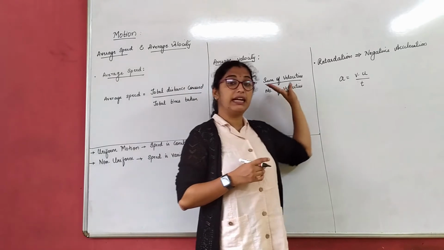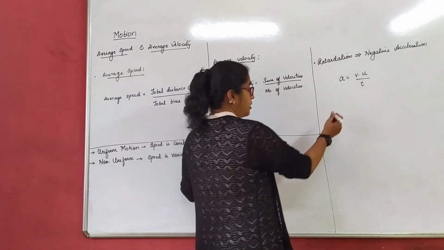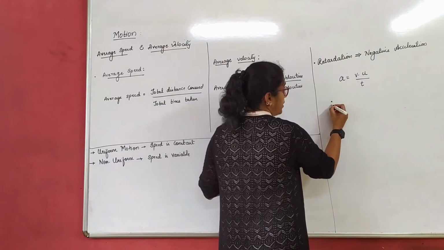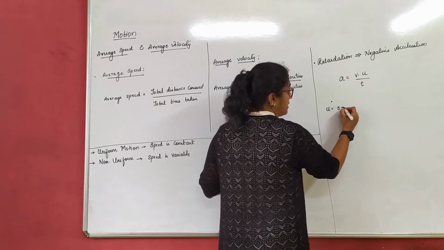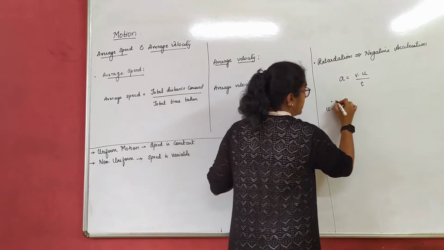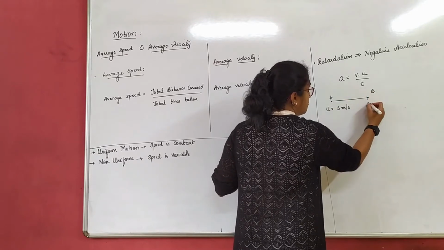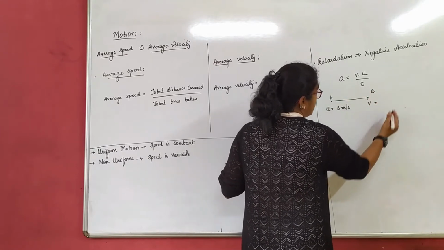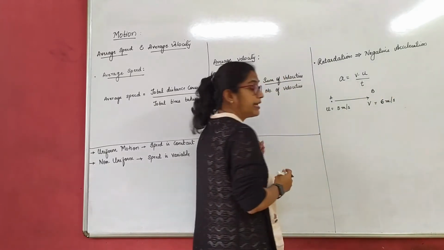Suppose, let me find a positive acceleration of a body. Assume that this is a body which has an initial velocity of, let us say, 3 meters per second, and it is moving to a particular point, say B, with a final velocity of 6 meters per second.